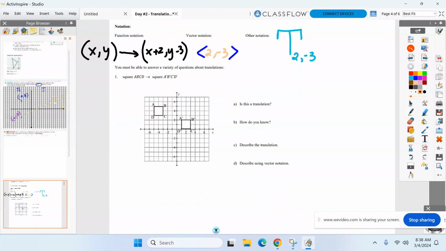Everyone in agreement? They're moving the same amount every time? All right, so yes, this is a translation. You just don't say yes because it's a slide.